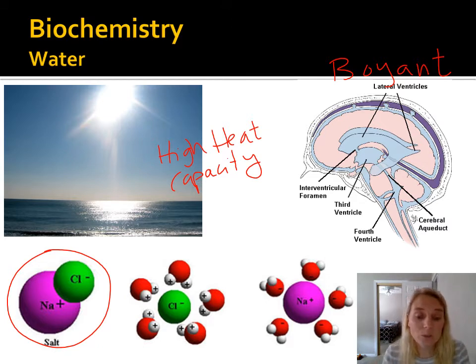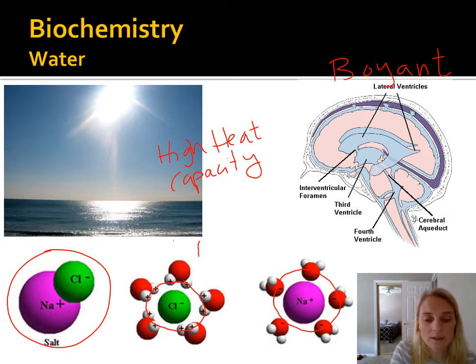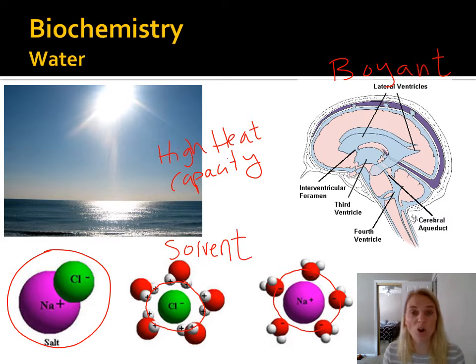But what we did was, water can come in, the positive sides of the hydrogen surround the negative chlorine, the negative sides of the oxygen surround the positively charged sodium ion, and it pulls it apart. So water is a great, what we call, solvent. It dissolves things.